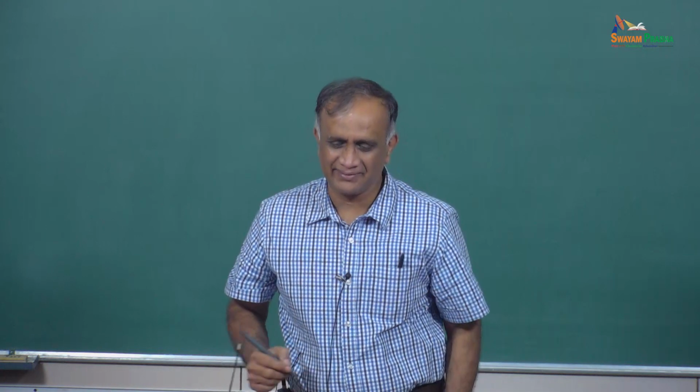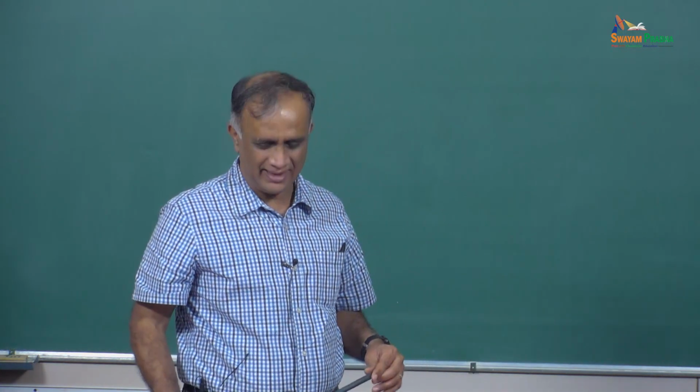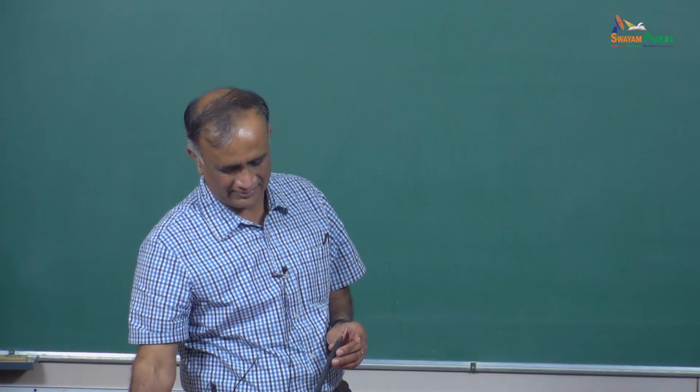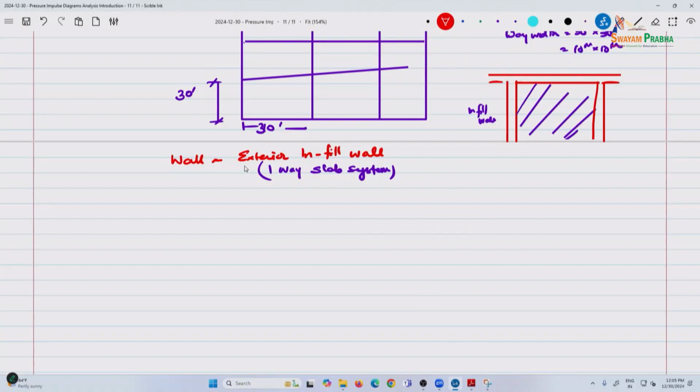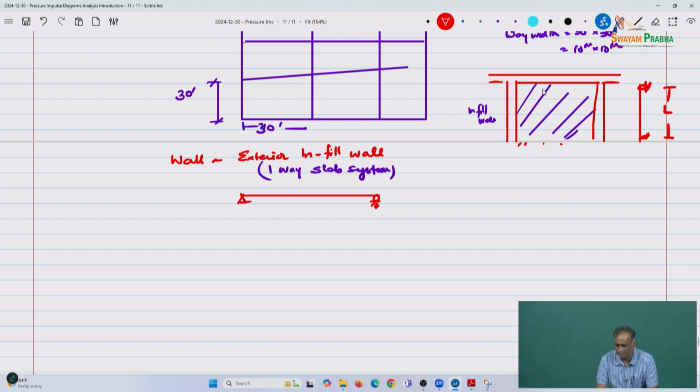So if it is a cantilever wall, you would take Rm as 2 Mmax by L. So this is a one-way slab system. It is supported here and here, bottom and the top.